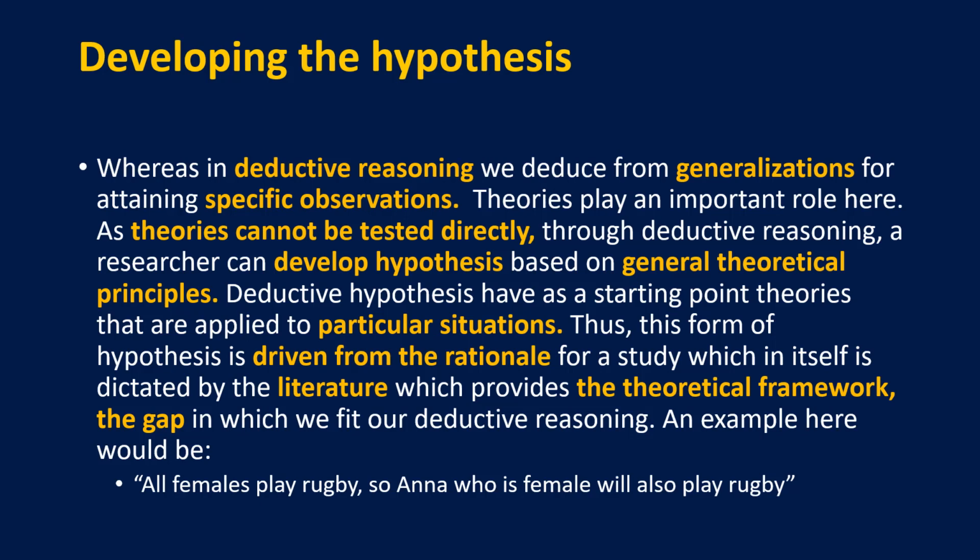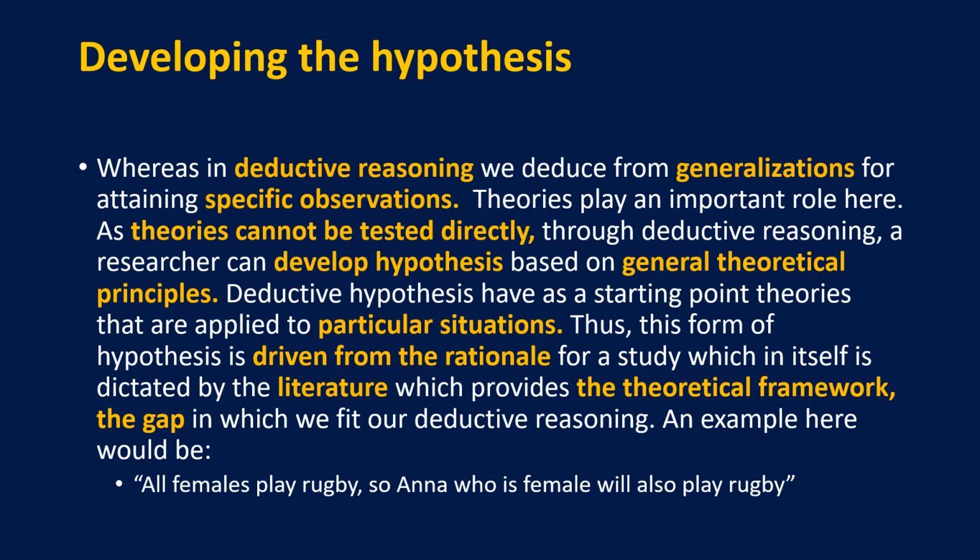In other words, we flip it round. So when you think about your introduction, and we've been referring in all the videos to moving from a broad to narrow funnel, this inverted pyramid, it makes much more sense in that construction to think about it moving from generalizations, which are broad, to specific observations, which are narrow.